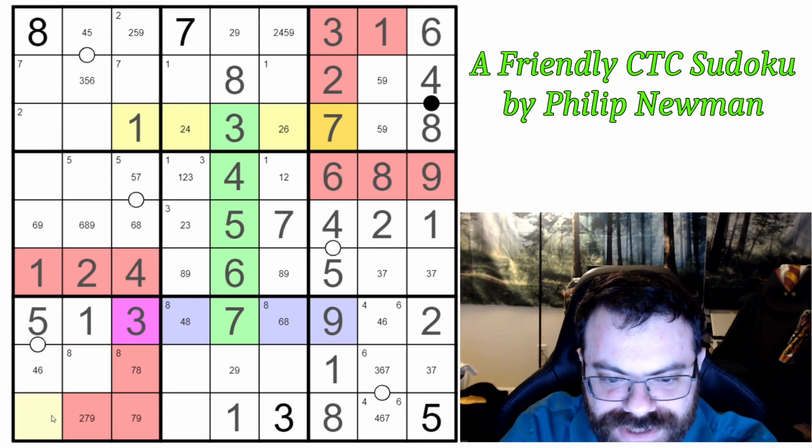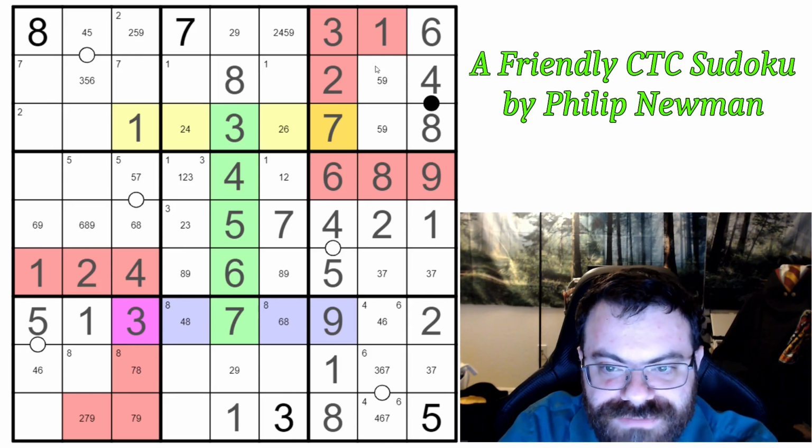Thinking about where 7 can go here, but I think it can really be any of these. Okay, what else am I failing to see? 2, 4, 5, 9. 2, 9. Six, 7 pair here puts 4, 3.